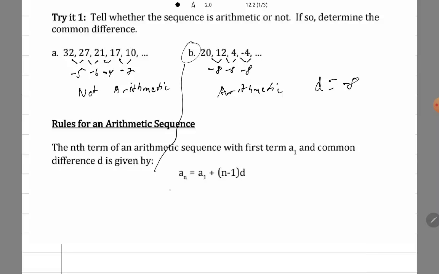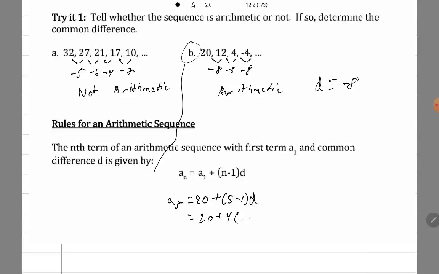If I wanted to find a sub 5, which means the fifth term, I would start off with my first term, which is 20, plus n minus 1 times d. n is 5, since I'm looking for the fifth term, so that's 20 plus 4d.